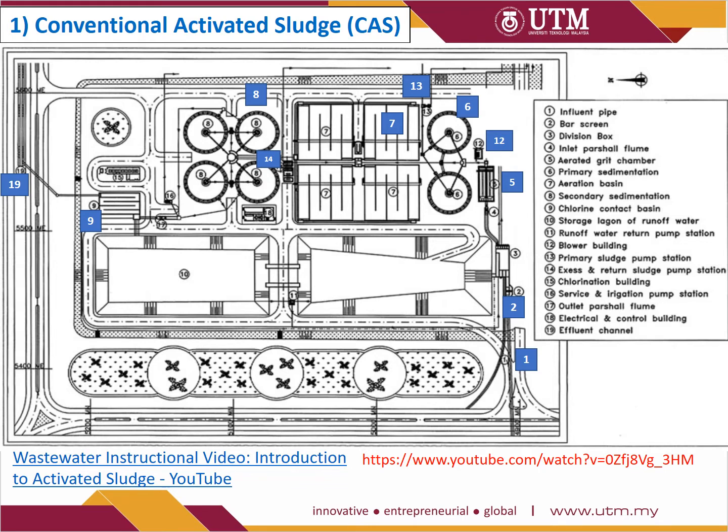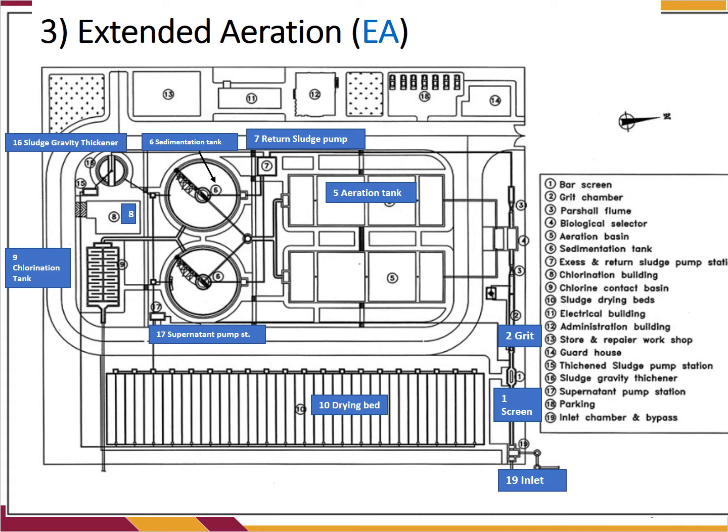All this takes a long time because the aeration is quite minimal and it needs a large space as a whole. And then chlorination to disinfect the clarified water, and finally number 19 is discharge. As compared to extended aeration, the design is much more simplified.